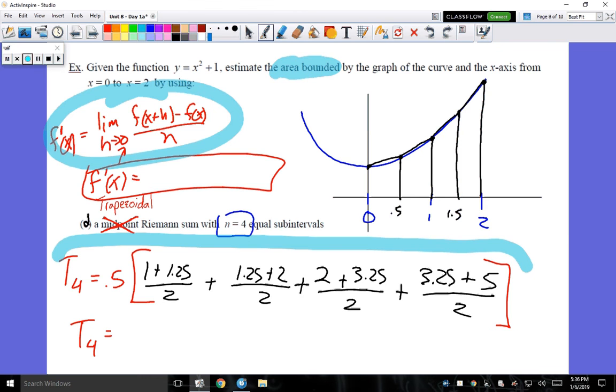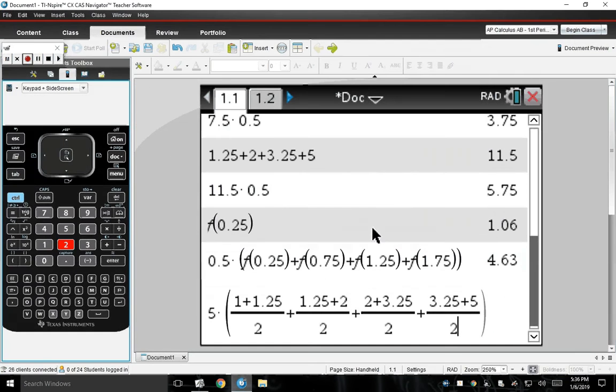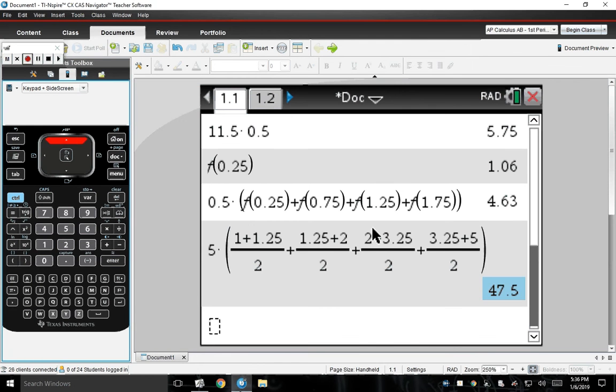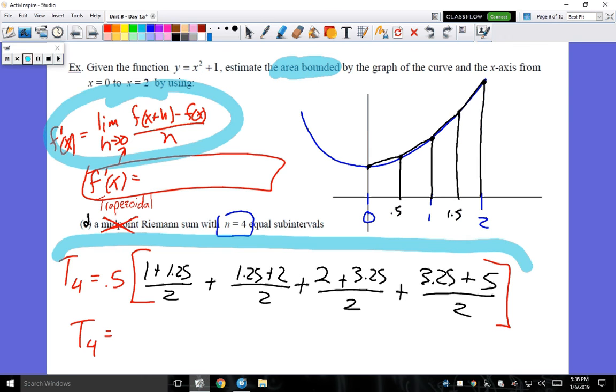All right? So let me make sure 1.25, 2, 3.25, 3.25. Yep. So it is correct. We'll do control enter. And let's see what this is equal to. Just 47.5. All right, so 47.5.